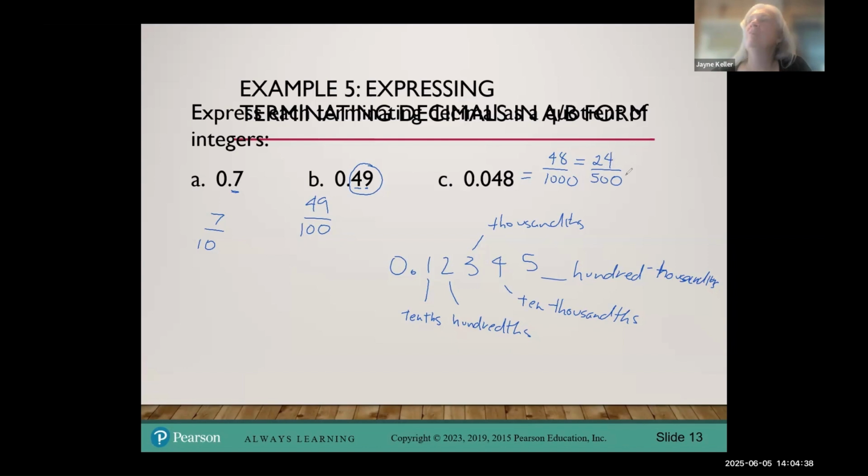What about 24 over 500? Do those have any common factors that you see? What about 2? Oh yeah, two.